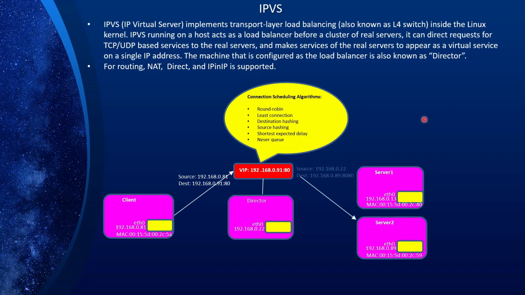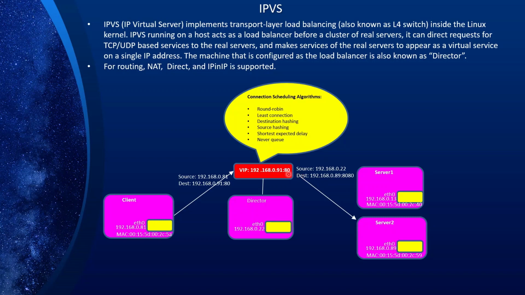When the request comes here, the director or load balancer intercepts the call and changes the source IP address of the client to itself, and the destination is changed to one of these servers according to which algorithm is being used. One of them is selected, and also the port number. These are listening on port 8080.